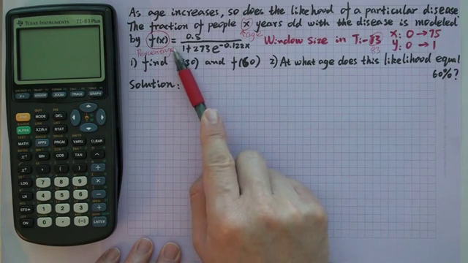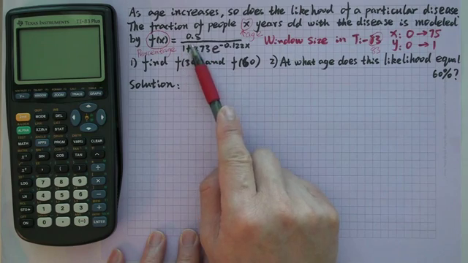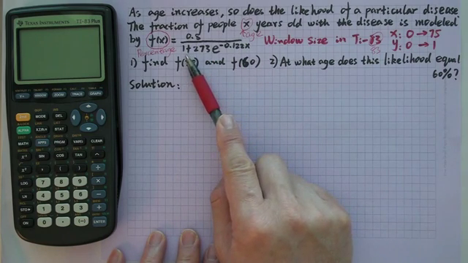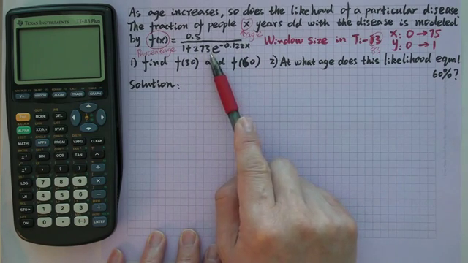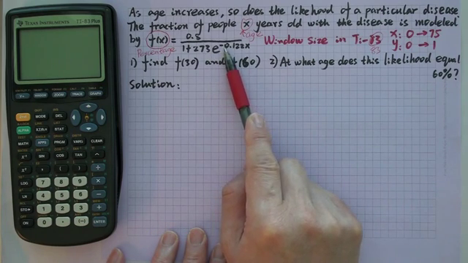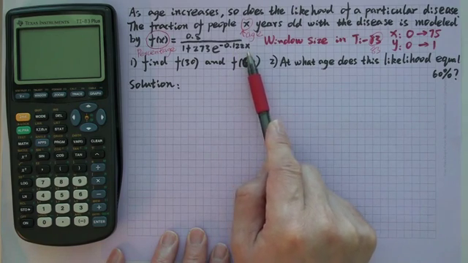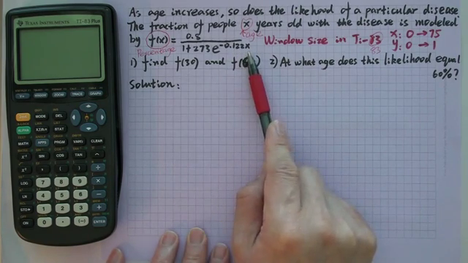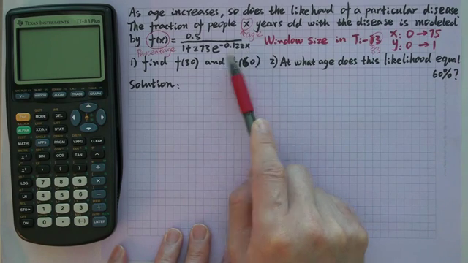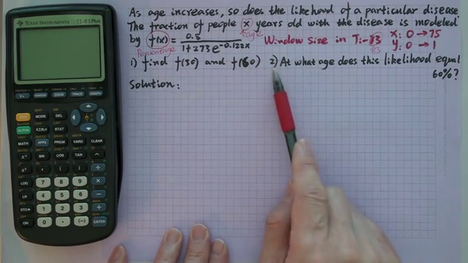Okay, so f of x equals 0.8 divided by quantity 1 plus 273 times e to the negative 0.122x. X is the age. With this model, here there are two questions.